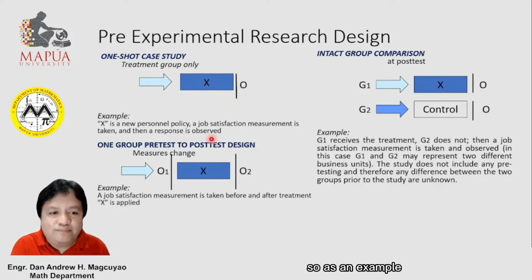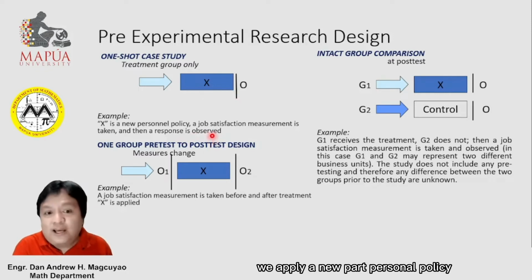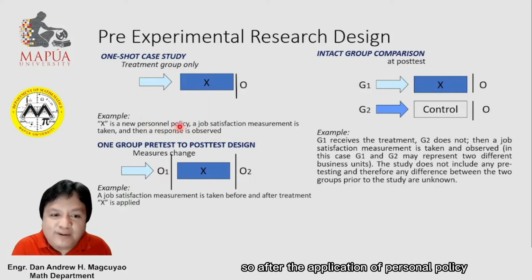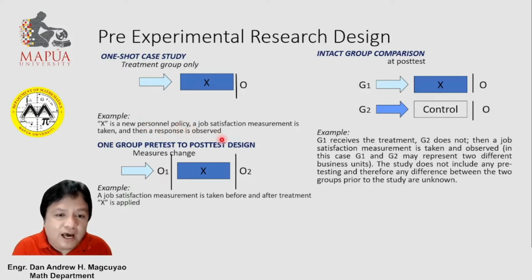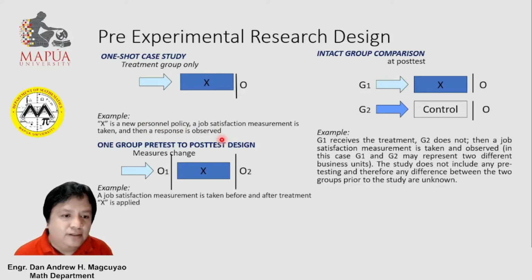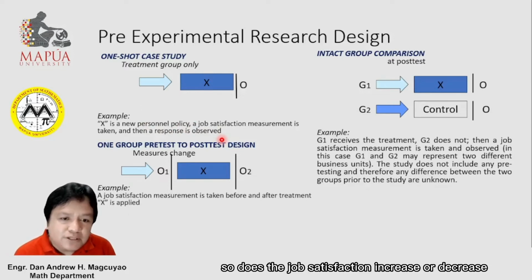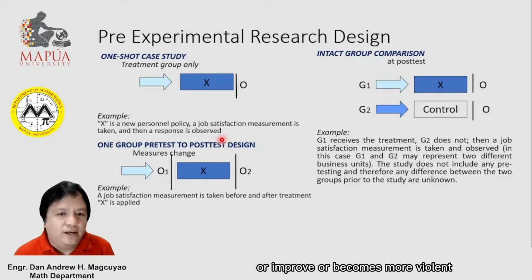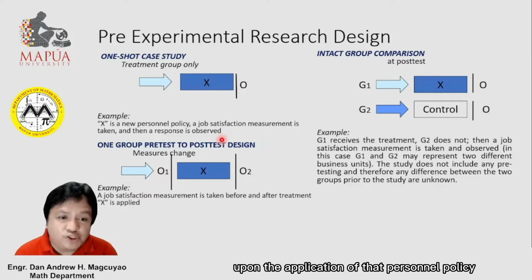So as an example, we apply a new personnel policy. After the application of the personnel policy, we're going to do a job satisfaction measurement. So does the job satisfaction increase or decrease or improve upon the application of that personnel policy?